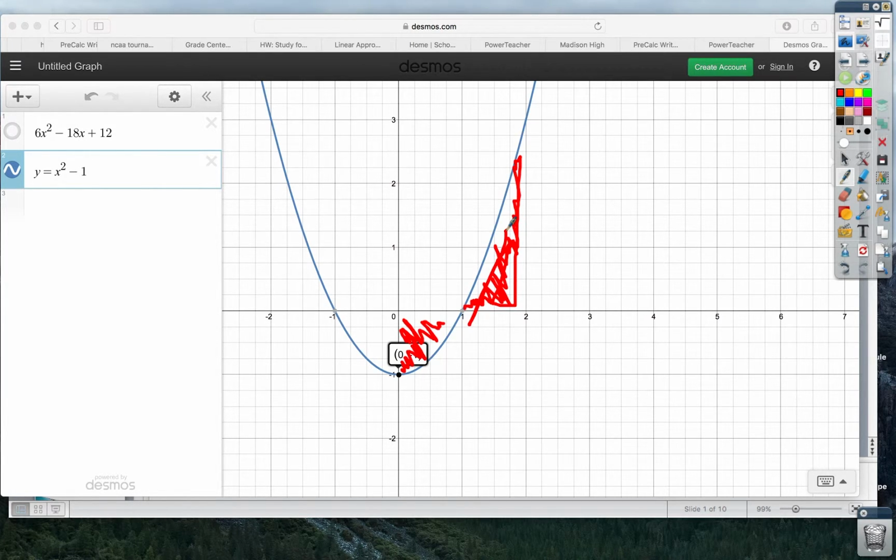Now if we take a look at both of those, we're going to get something different. Now if we take the integral from 0 to 1, and in the interest of time I'm doing this on my calculator, if we find the area from 0 to 1, we get negative 0.667.